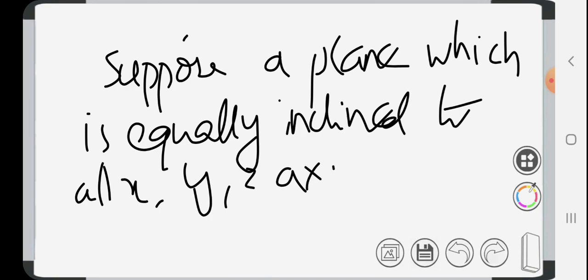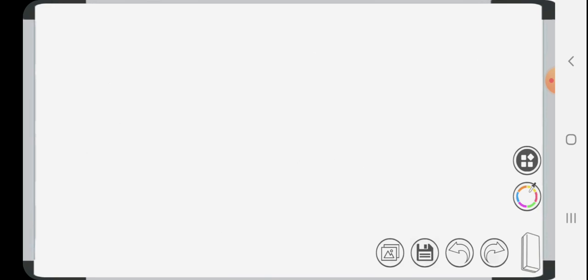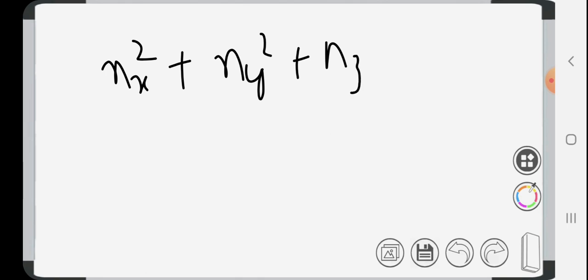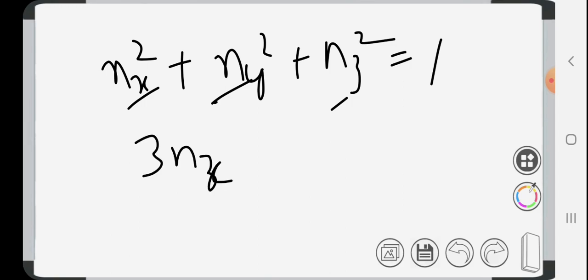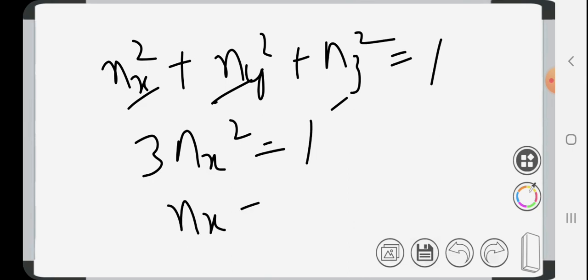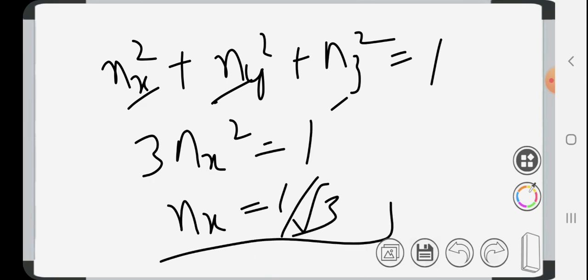So how will you find the direction cosines? You can apply the equation nx square plus ny square plus nz square equal to 1. If the plane is equally inclined to x, y, z, all these three are equal. So I put 3 nx square equal to 1, so nx equal to 1 by root 3.